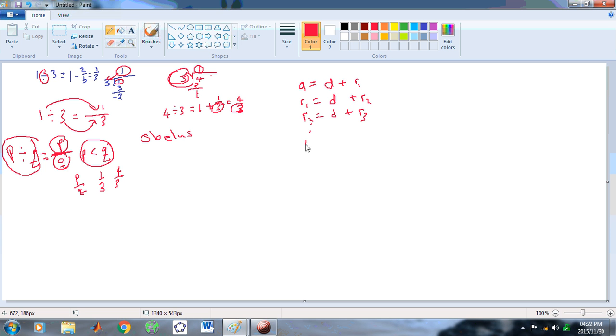So this basically goes up to Rn, and here we'll have Rn plus 1. Then we sum up the number of times that we had to do this process, and that total there is going to be the sum of the partial quotients. Okay, these here, the ones in front here, are the sum of the partial quotients. So if we sum these up here, that will give us S.